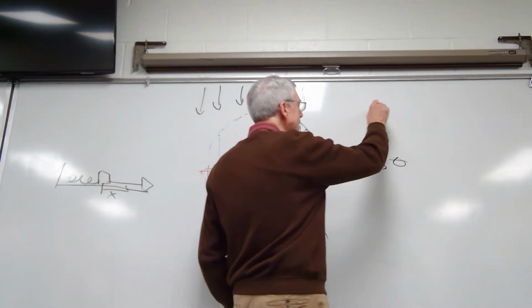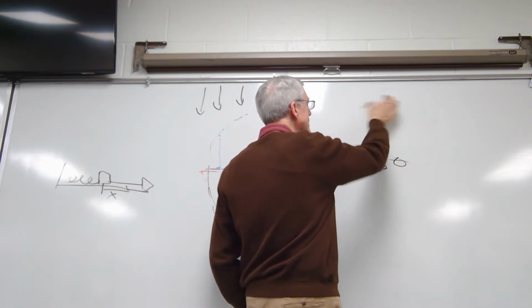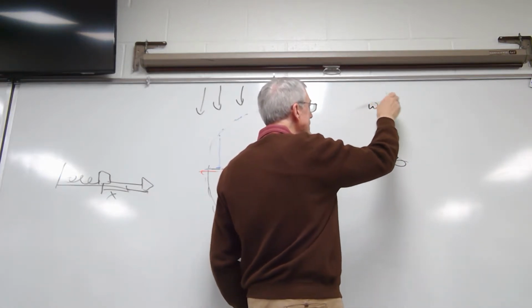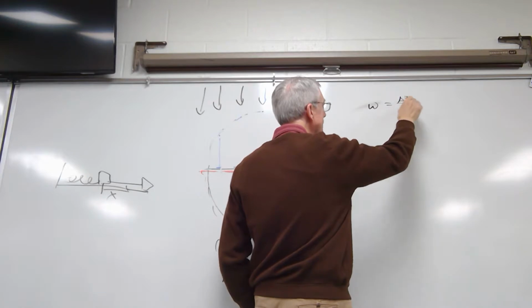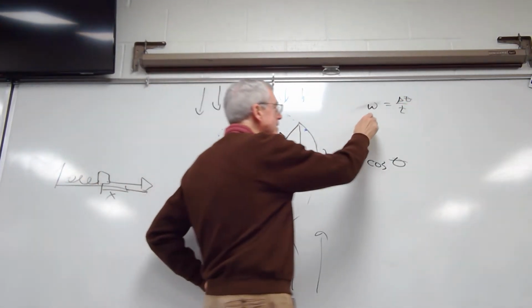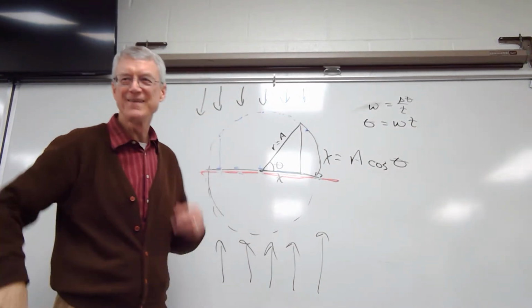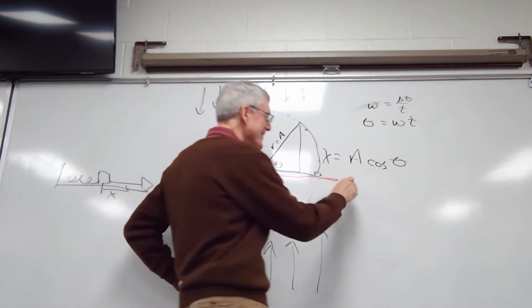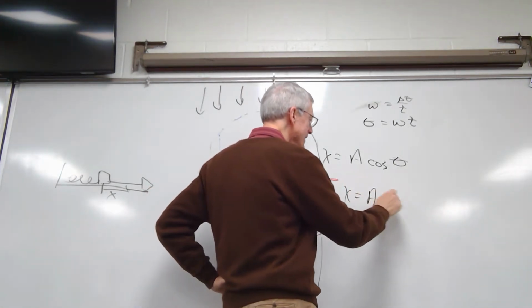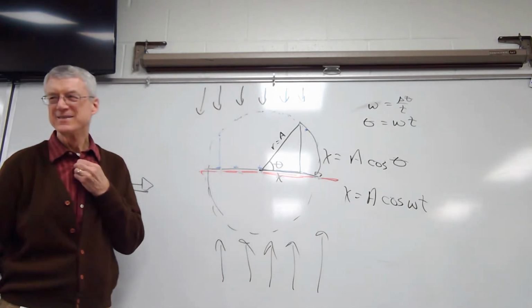Here's what I know. I know that omega is the change in theta divided by time, isn't it? So theta could be thought of as omega t, couldn't it? So let's put cosine omega t. It's the same thing. Are you still with me?